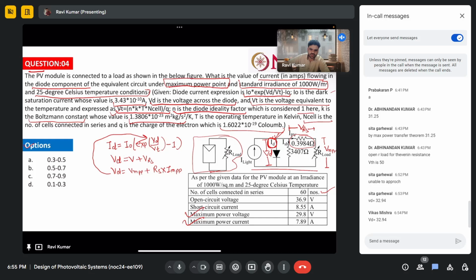Other than that, you just have all the quantities there. You just need to put them there and calculate. Prabhakaran also calculated VD as 32.94. Okay. So now it is verified that this value is correct.